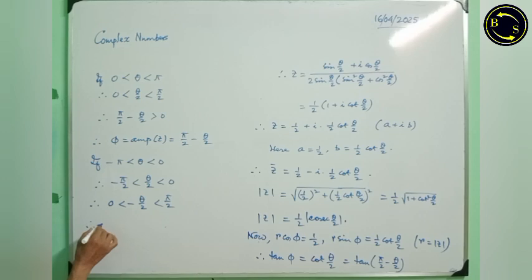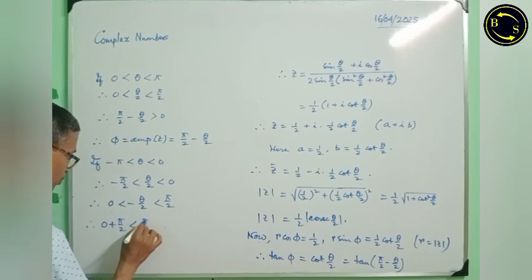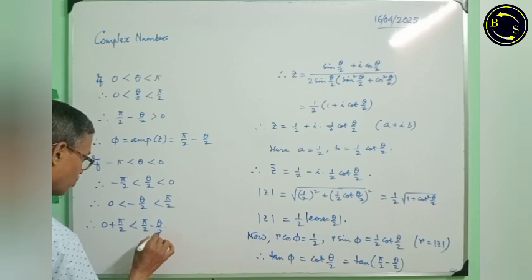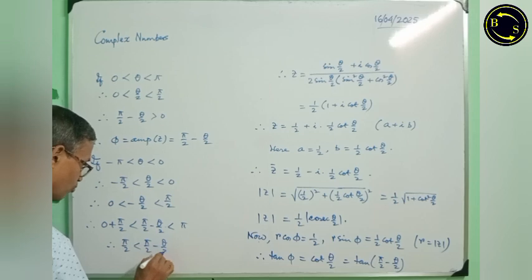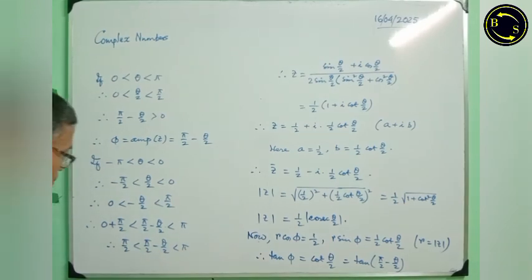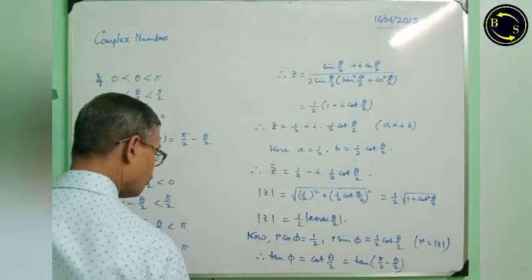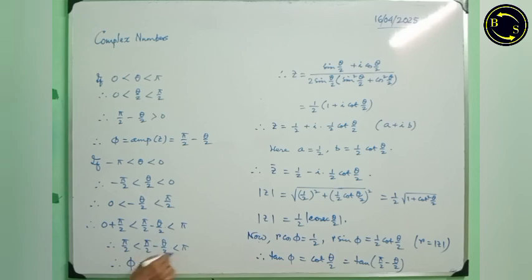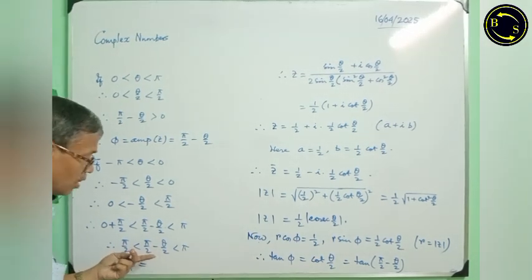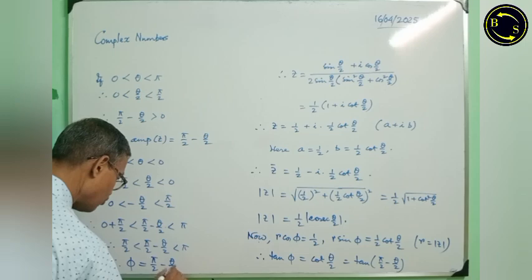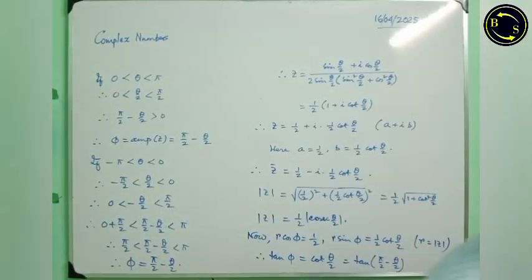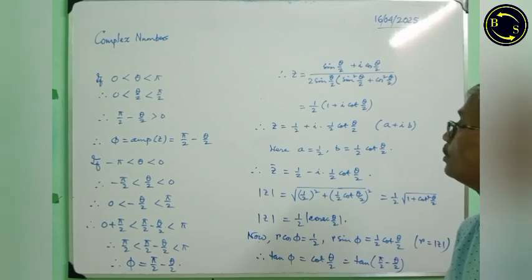Now if we add pi by 2 to each, therefore in that case also we see that this angle is lying in the second quadrant, therefore phi will be equal to that, which means amplitude in both cases will be pi by 2 minus theta by 2. Therefore this sum is solved.